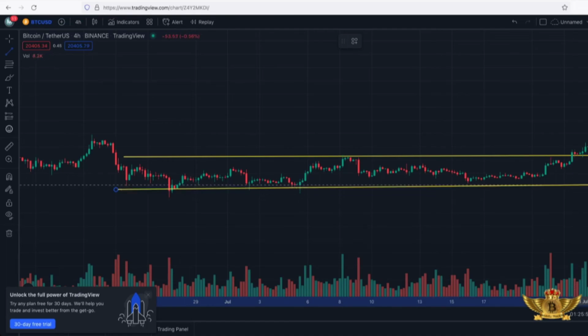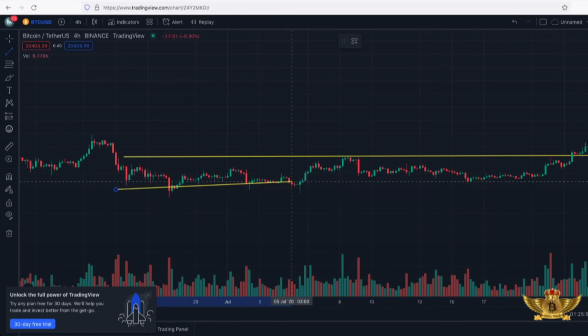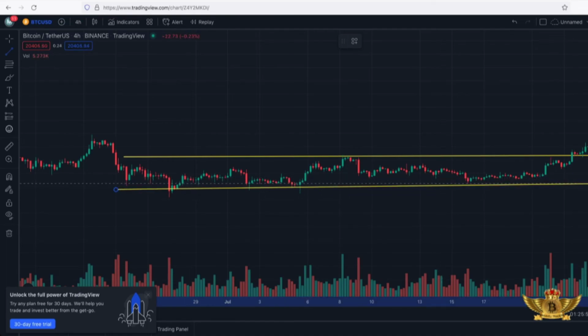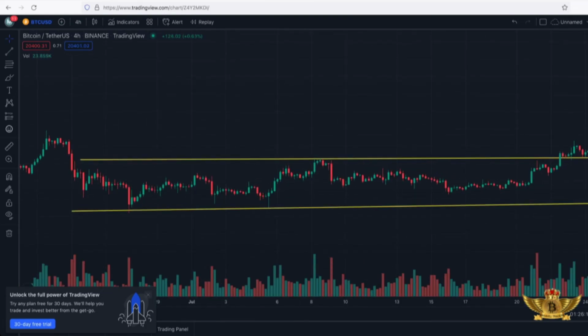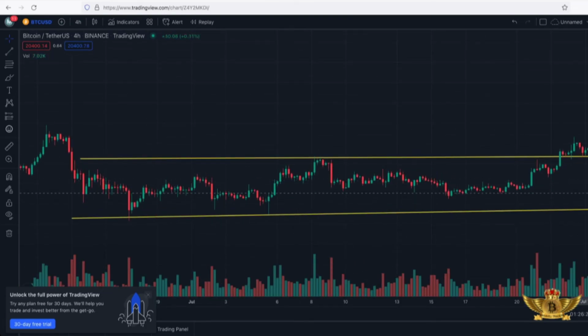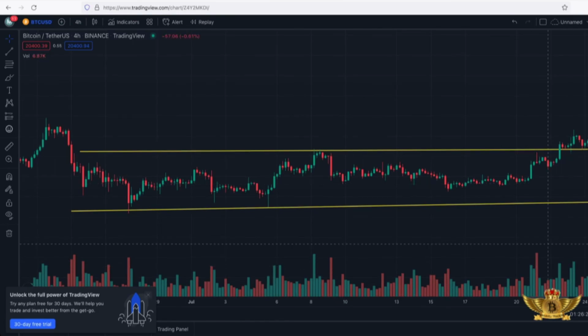In future videos, of course, you're going to see the different consolidation patterns, how to trade them, and how to use these pullbacks to get into a trade successfully and on time.